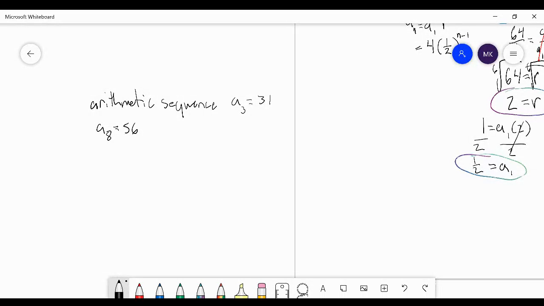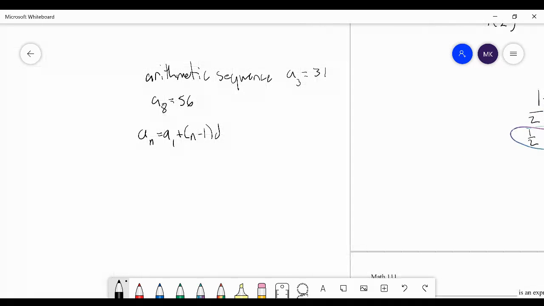Okay. So again, we're told arithmetic. So we know a sub n is a1 plus n minus 1 times d. So we set up two equations. We know a3 is a1 plus 3 minus 1 times d, and this is going to equal 31. And we know that a sub 8, which is a1 plus 8 minus 1 times d, is going to equal 56.